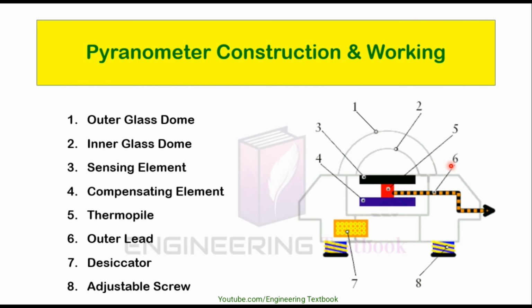Here there is a shield attached over the outer and inner glass dome. So only diffuse radiation will be incident on the surface through the shield. Hence, the thermo-EMF generated by the thermopile will be proportional to diffuse radiation.